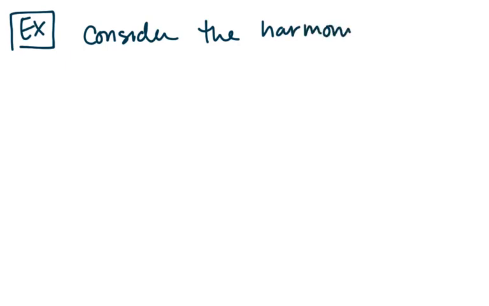We're going to talk about harmonic series. Okay, so we're going to consider the harmonic series. And this is the sum, in this case, of n equals 1 to infinity of 1 over n.